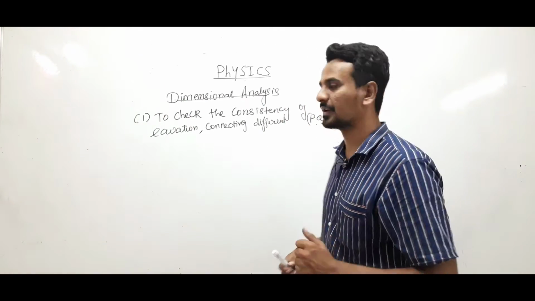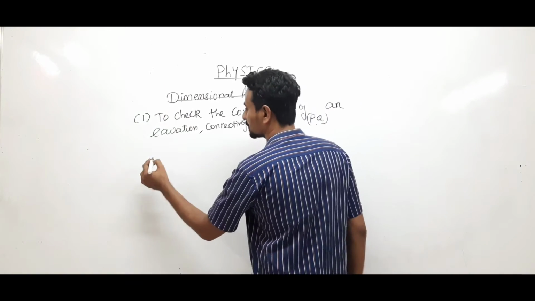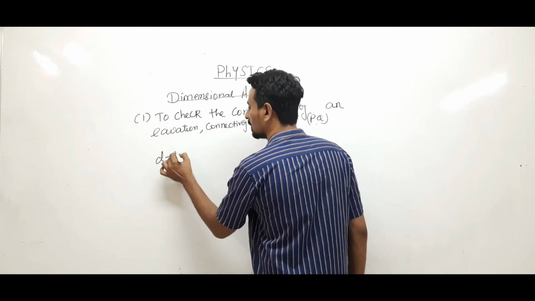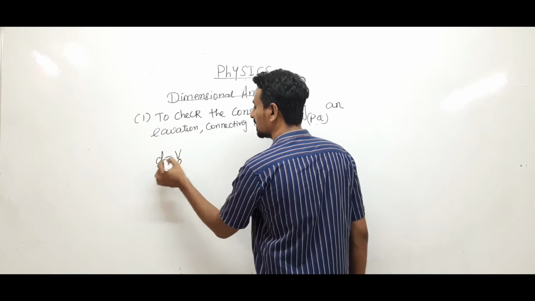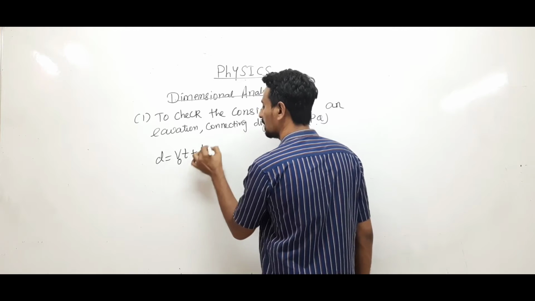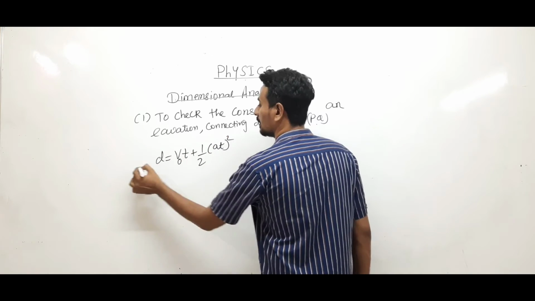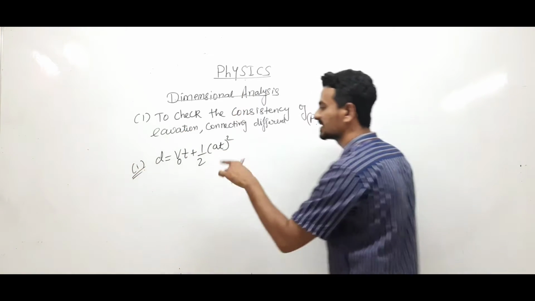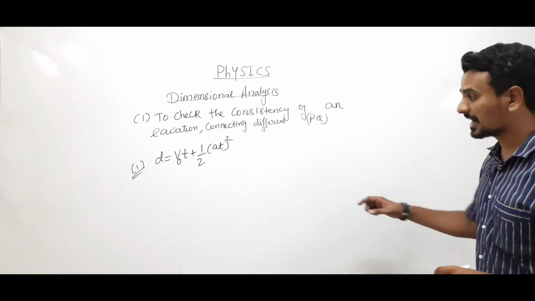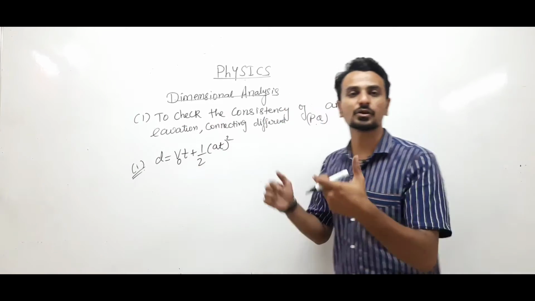So we'll take one example. Suppose you are given an equation, displacement d equals v0t plus half at square. This is your question. Check whether this equation is correct or not.